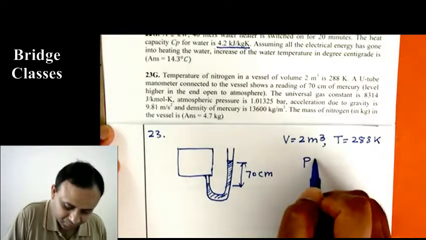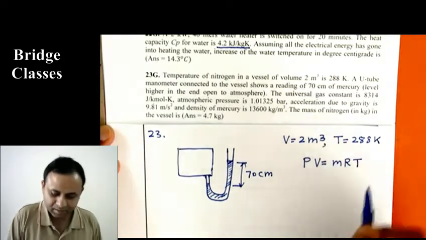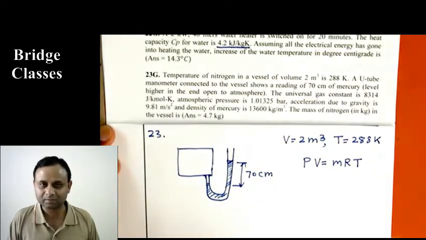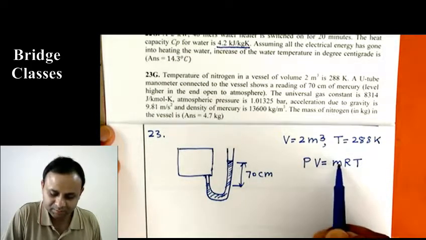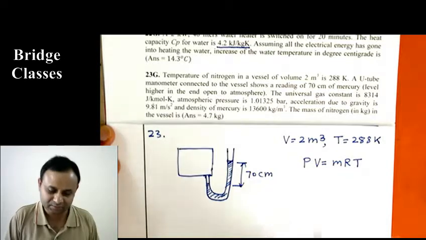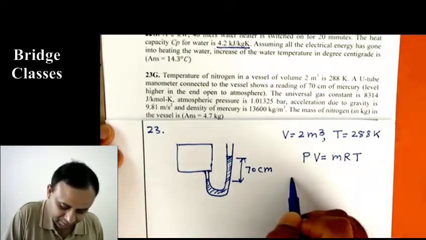So we just use the ideal gas law. PV equals MRT. The ideal gas law has different forms, so make sure if this is V, this will be M, and this is the gas constant. So M is PV over RT.